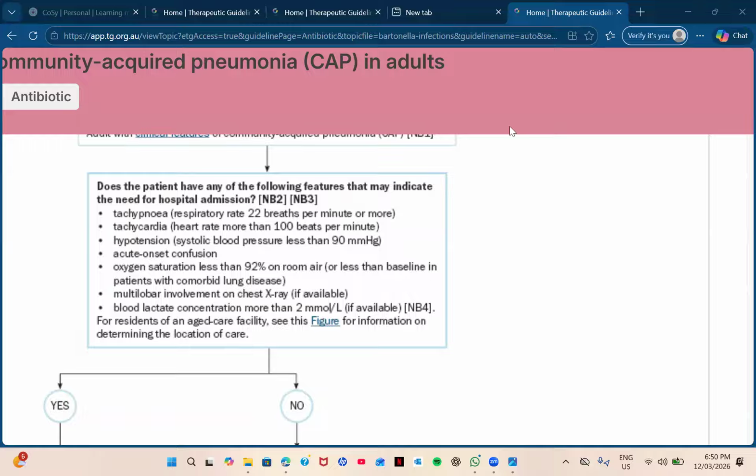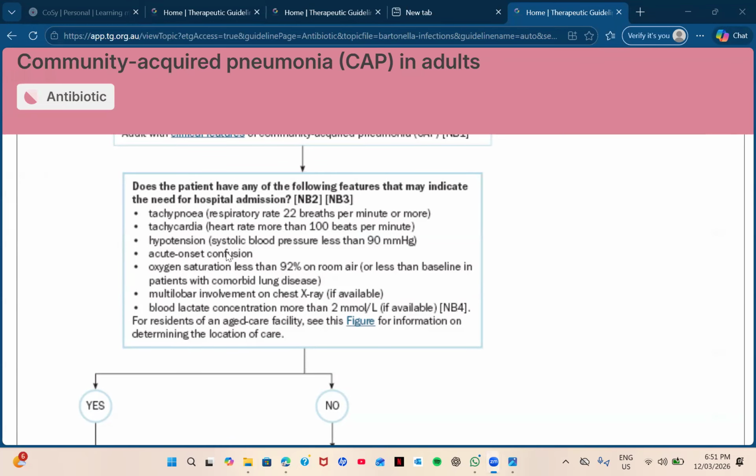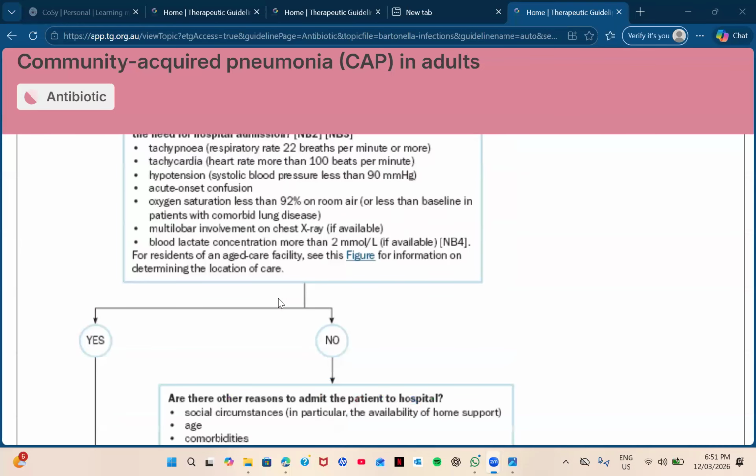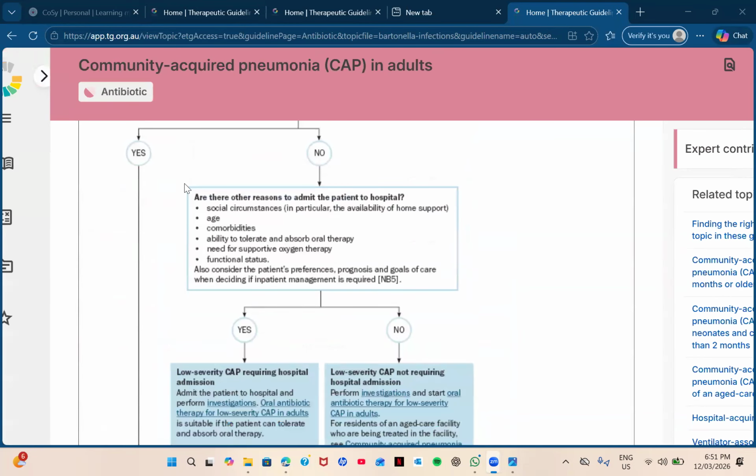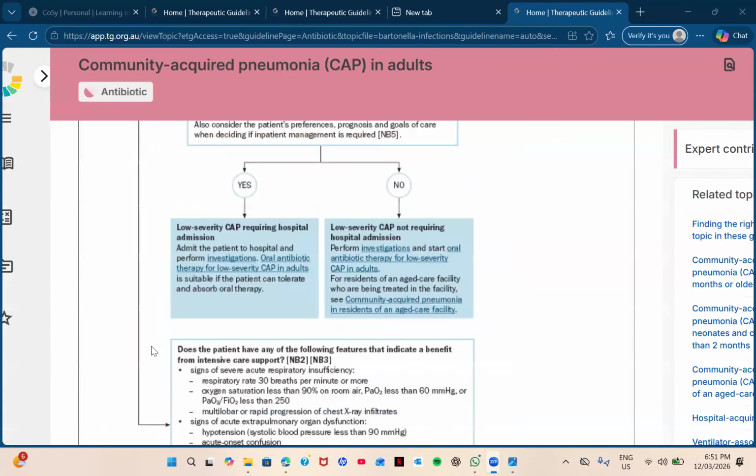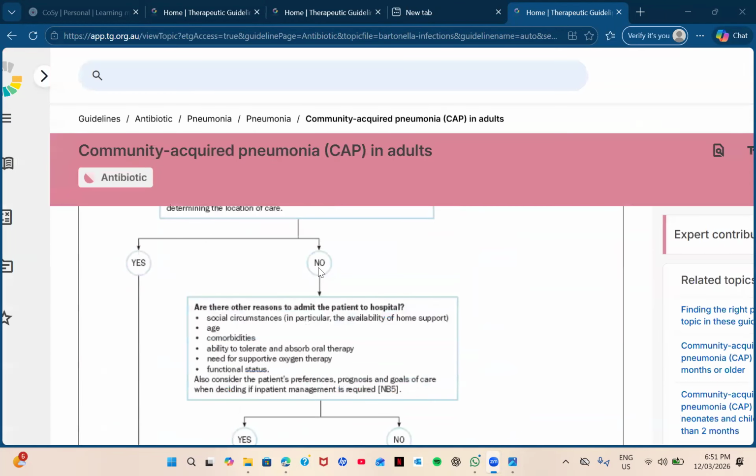Yes, severe pneumonia, with increased lactate level and hypotension. These are severe cases, where the patient can present with severe sepsis or shock. Usually these are hemodynamically unstable patients. If you see such a patient, you have to admit the patient to hospital if these features are present. Okay, let's discuss it later.